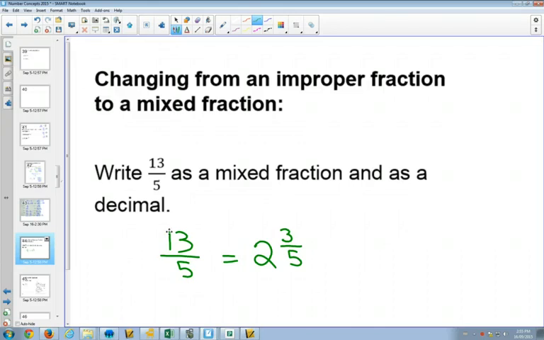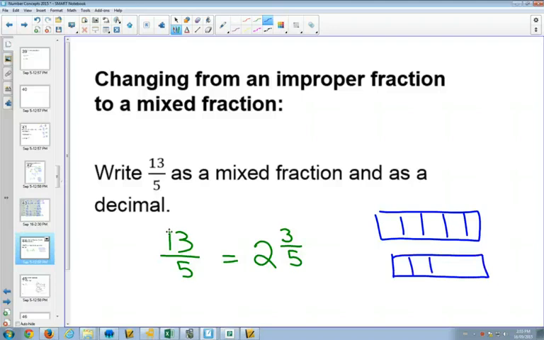Now, if we were thinking about our chocolate bar example, what this fraction of 13/5 means is it's telling us in order to get a full chocolate bar, you need 5 pieces. That would be 3 full chocolate bars of 5 pieces each.